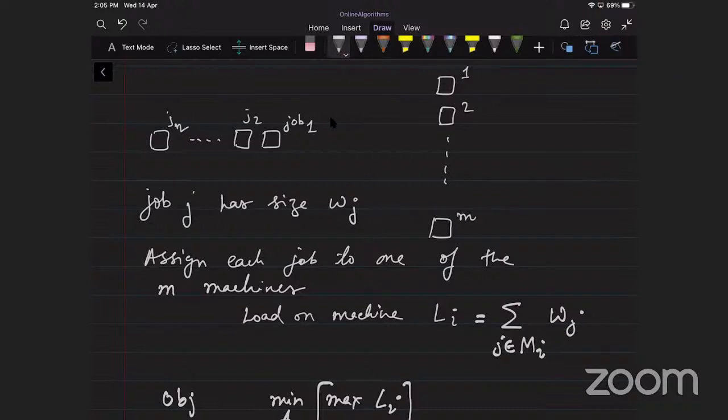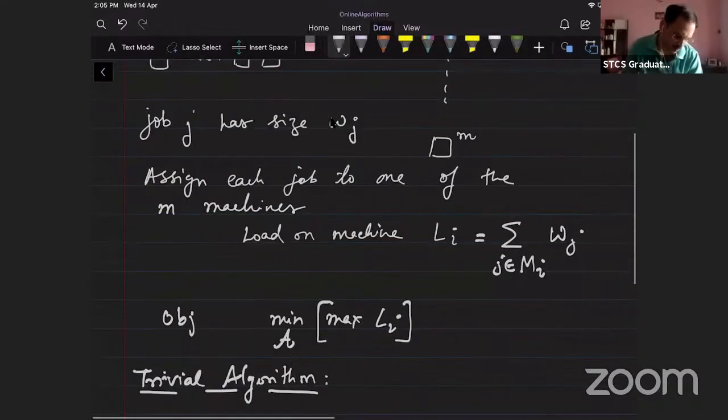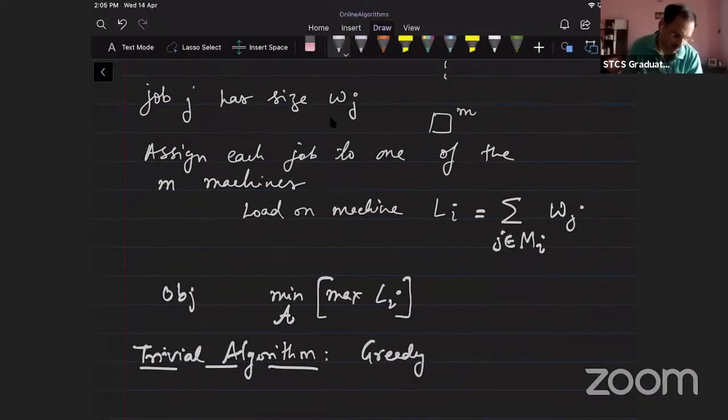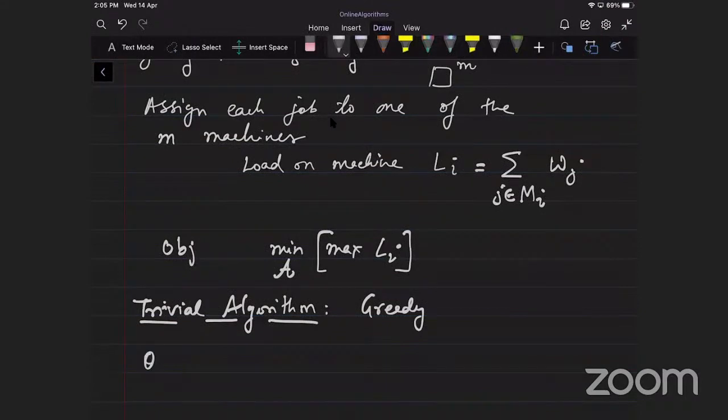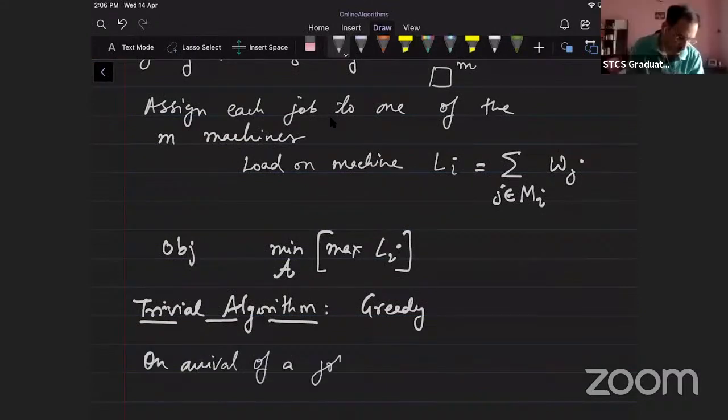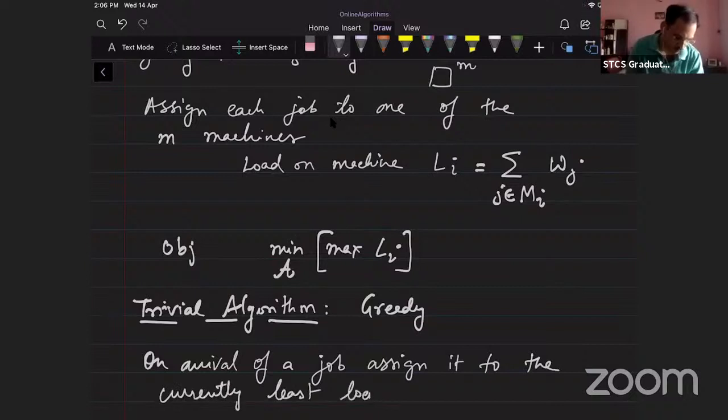Assign the job to the machine with the least load. Yes, exactly. It's like greedy. Greedy is: on arrival of a job, assign it to the currently least loaded machine. Okay.